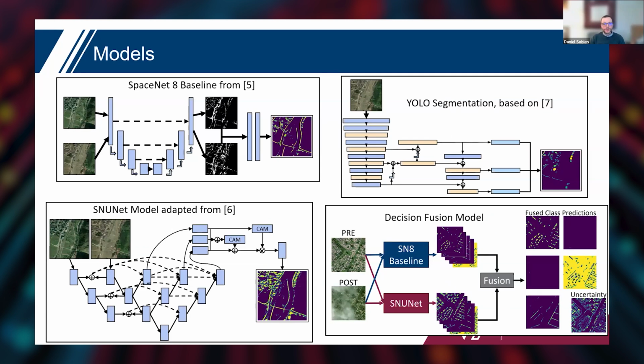The goal was to take multiple open source, off the shelf models, fine tune them on this data set, and then combine the outputs. The goal being, we don't have a lot of data, so we want something that's going to work with minimal effort, in a sense.